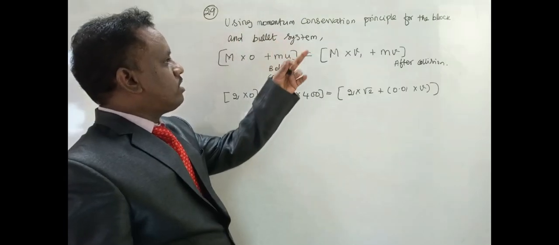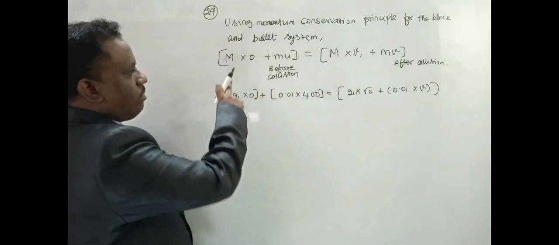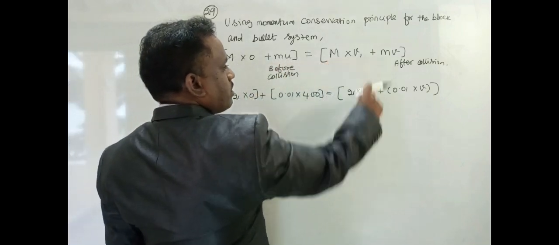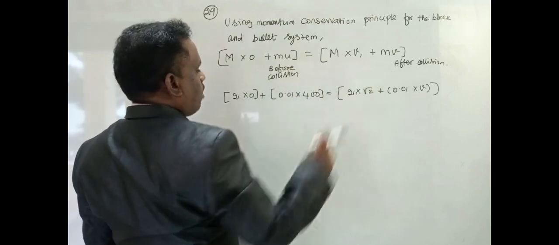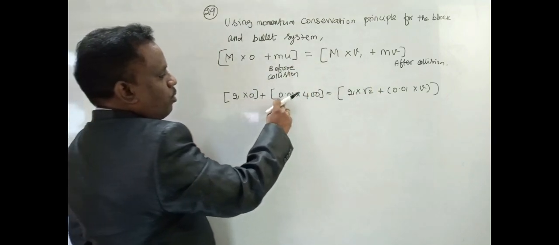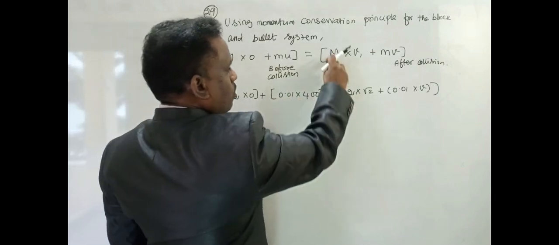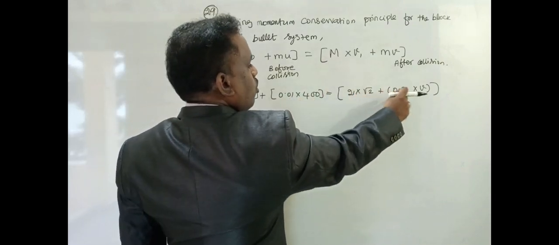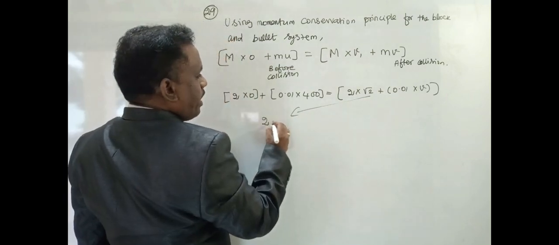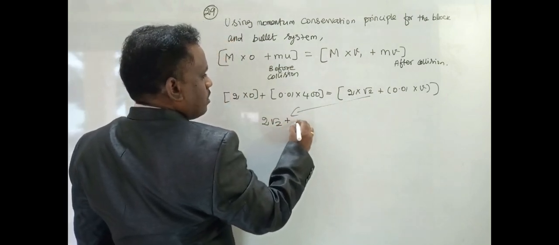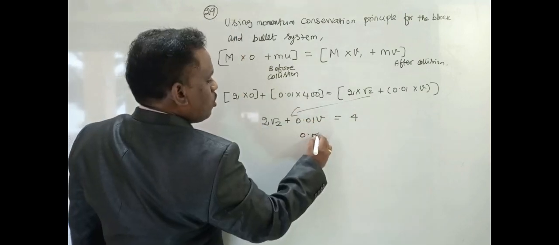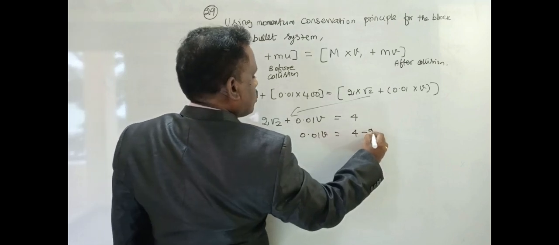Using momentum conservation principle for the block and bullet system, M into 0 plus m u is equal to M into V1 plus m v, before collision is equal to after collision. Substitute this value, we get 2 into 0 plus 0.01 into 400 is equal to 2 root 2 plus 0.01 v. We want to find the v value, so we can write 2 root 2 plus 0.01 v is equal to 4. 0.01 v is equal to 4 minus 2 root 2.